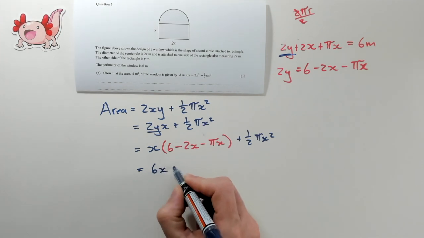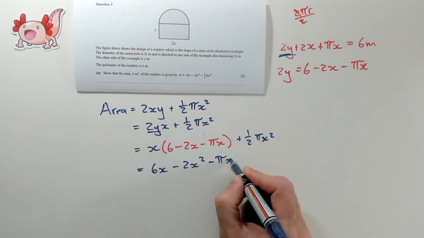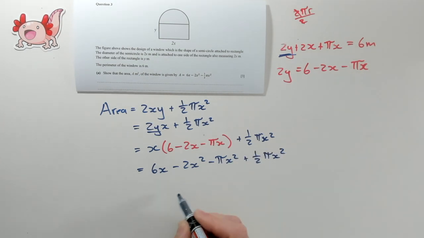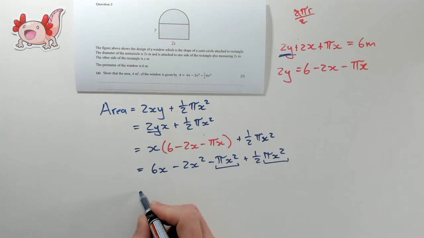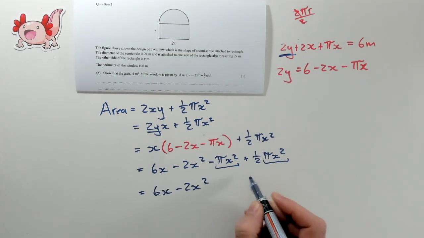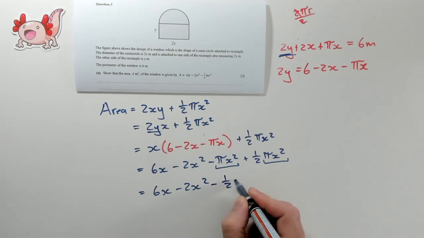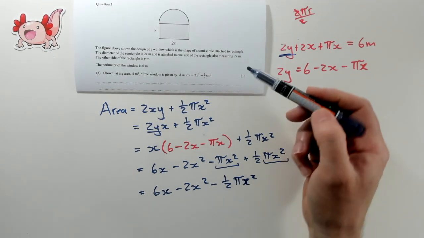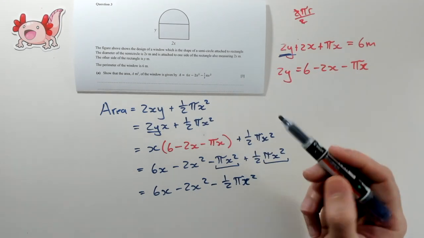So I have 6x minus 2x squared minus pi x squared plus half pi x squared. And these are like terms, pi x squared and half pi x squared. So I'm going to be left with 6x minus 2x squared, and minus 1 plus a half will just be minus a half pi x squared. And I can see I can figure this out: 6x minus 2x. So yay, we got that right.